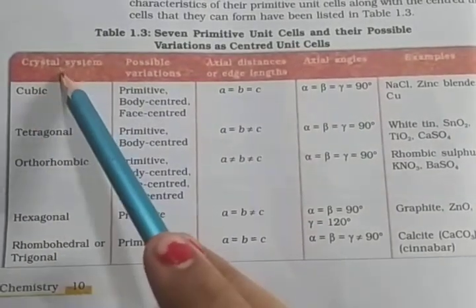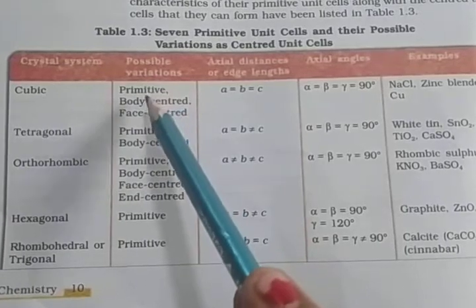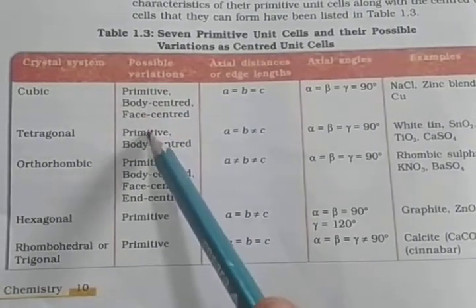So in the cubic crystal system, the possible variations are primitive, body centered and face centered.